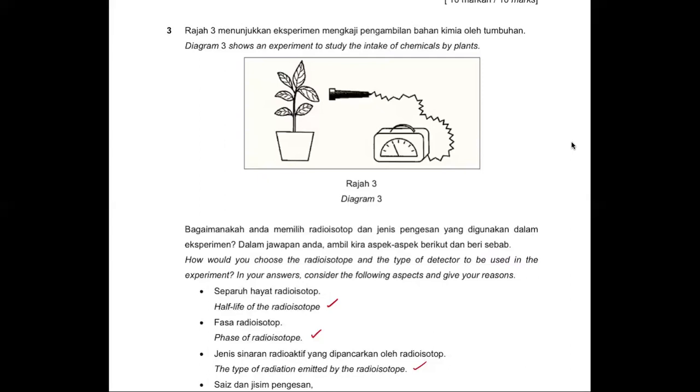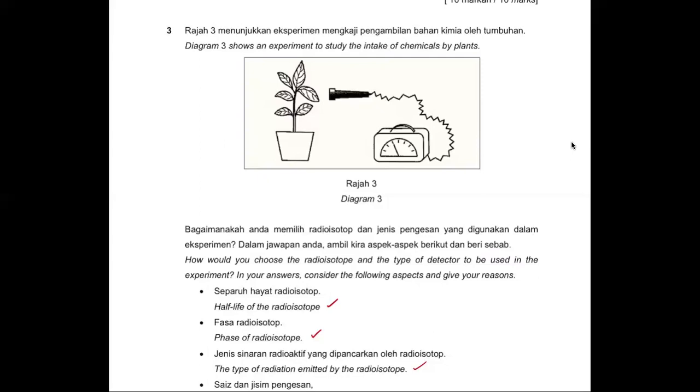Okay, the third one, type of radiation, it is either beta or gamma. Alpha is out because it cannot penetrate through the leaves or the plants. So it is either beta particles or gamma radiation.